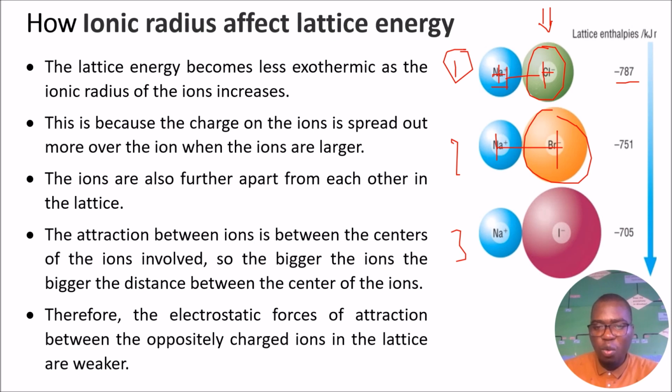The same thing will apply when it goes to the iodide ion, which is even larger than the bromide ion. It means that the distance from the positive to the negative has increased even more. Therefore, the electrostatic forces of attraction have become even weaker. Therefore, a drop in lattice energy.